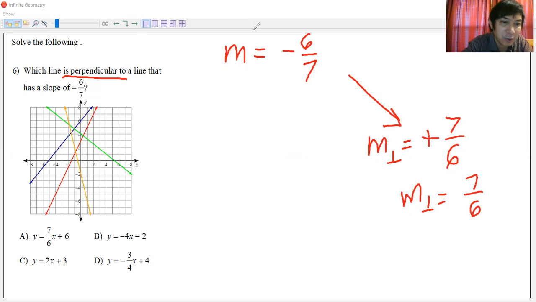It's letter A. That should be the required line. Now, if you're going to verify which is which here, the one with negative 4x minus 2 should be the yellow.